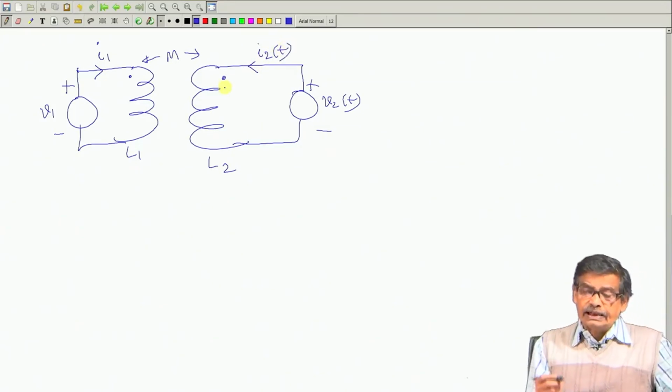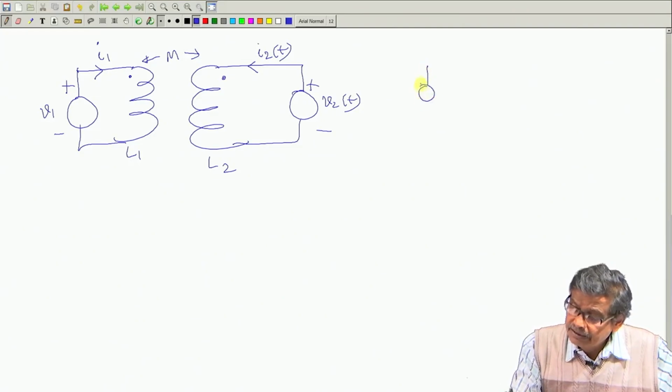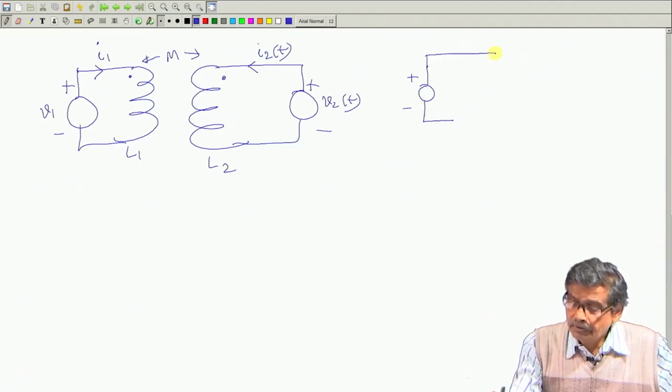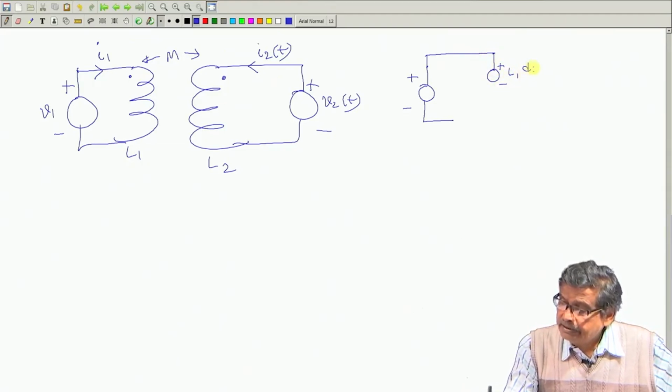We have seen that V 1 t is equal to L 1 d I 1 dt plus or minus m d I 2 dt.